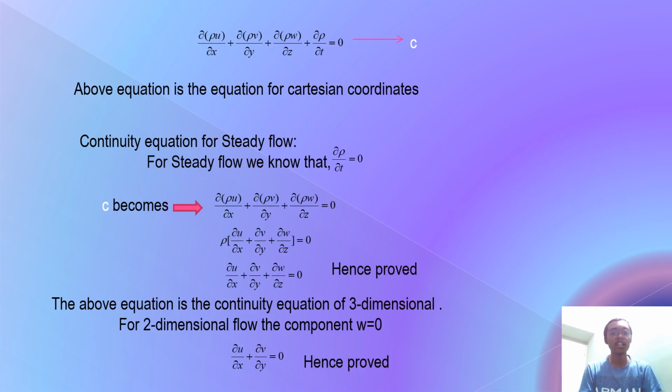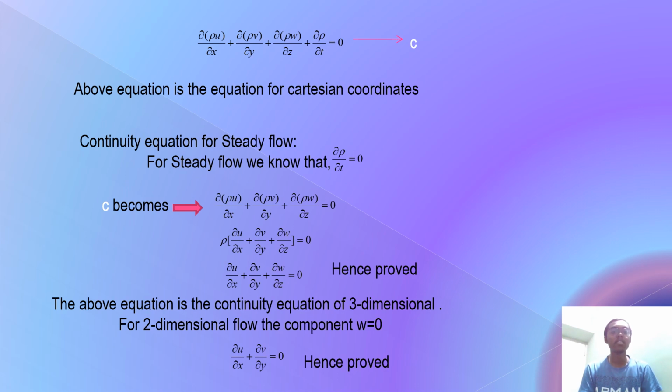We get the equation del rho u by del x plus del rho v by del y plus del rho w by del z plus del rho by del t is equal to 0. This is the continuity equation for Cartesian coordinates.